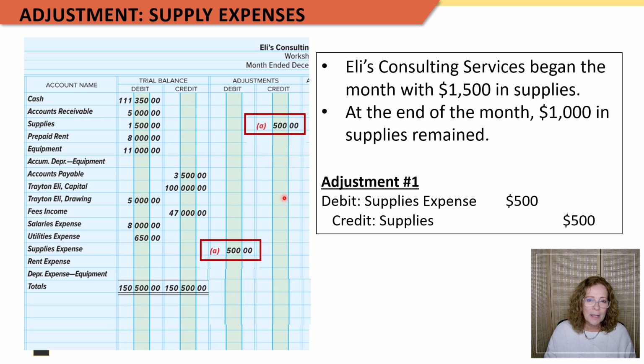The supplies account on the balance sheet now has less supplies. The supplies account is an asset, and assets increase with debits and decrease with credits. So we need to credit the supplies account for $500. Before starting with the next adjustment, make sure that you've entered both sides of the adjustment into the worksheet.